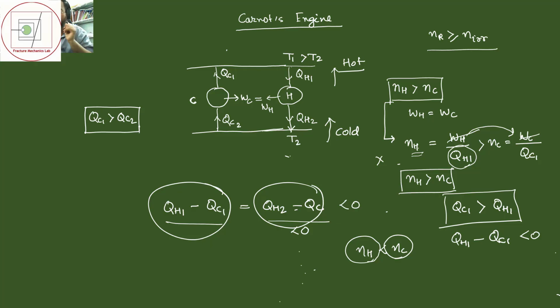Okay, and with this I'll give you an exercise to do. Is that now what you do is that you make this hypothetical engine also reversible. Okay, and you reverse that also.